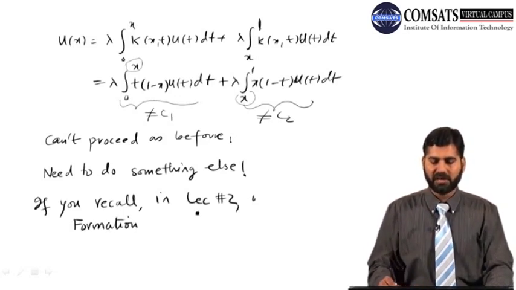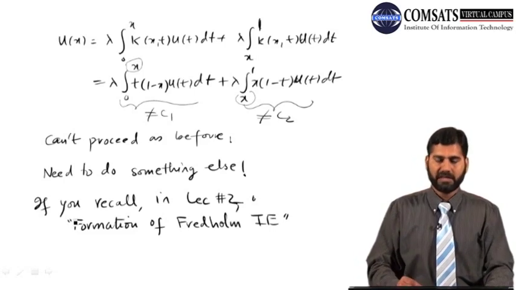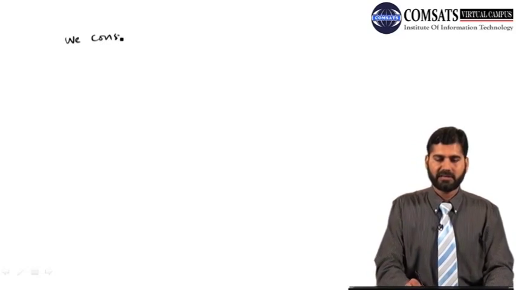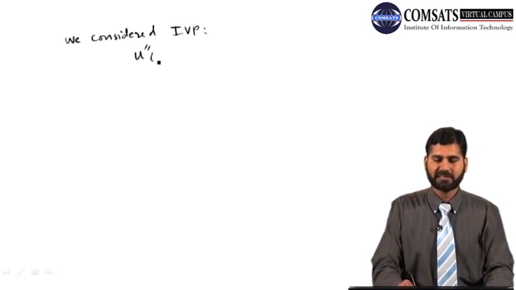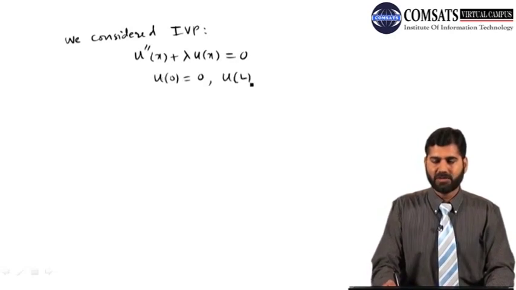If you recall in lecture number 2, formation of Fredholm integral equation, what we did is we considered the initial value problem u double prime of x plus lambda u(x) equal to 0, where u at 0 is equal to 0 and u at L equal to 0.